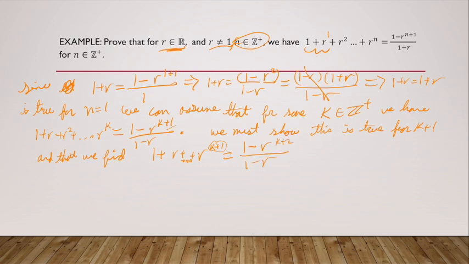So let's go ahead and start proving this. We have that it is true for k, so I would go ahead and write my k step. I have 1 plus r plus ... plus r to the k equals 1 minus r to the k plus 1 over 1 minus r.